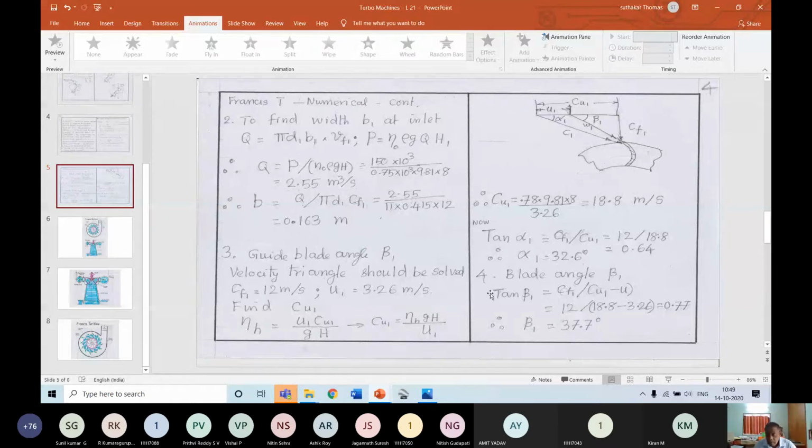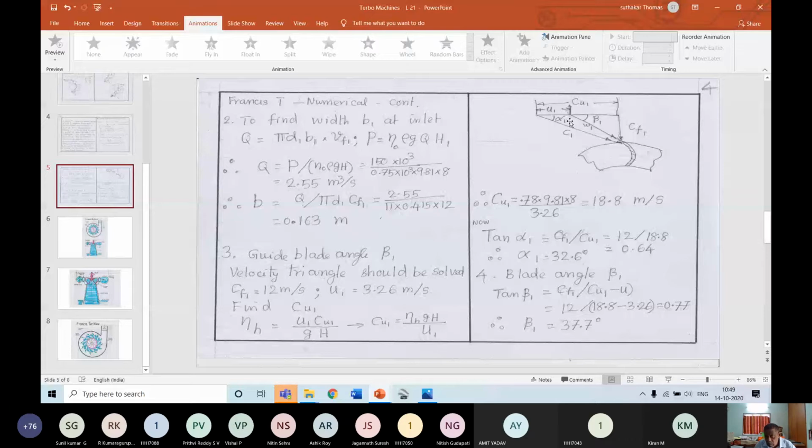Now the blade angle beta 1. So tan beta 1 is equal to cf1 divided by cu1 minus u1, which is cw1, the whirl component of relative velocity w1.